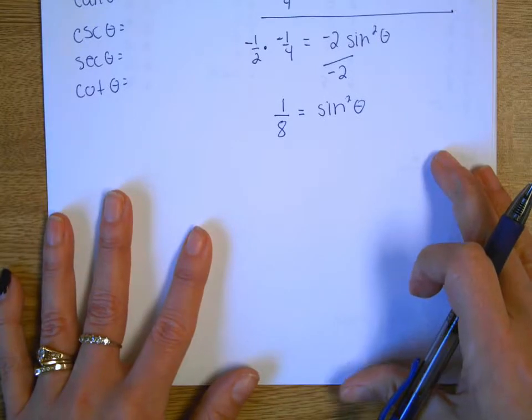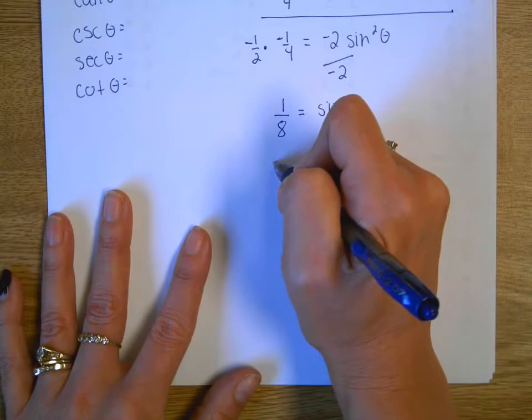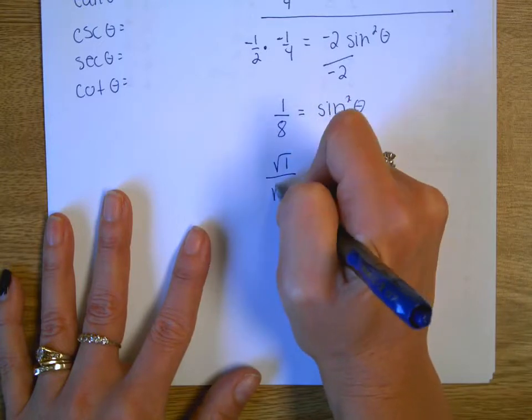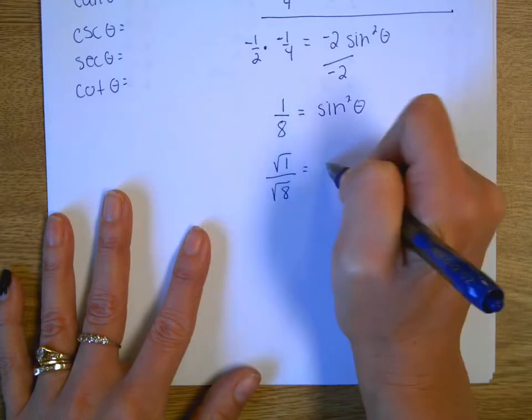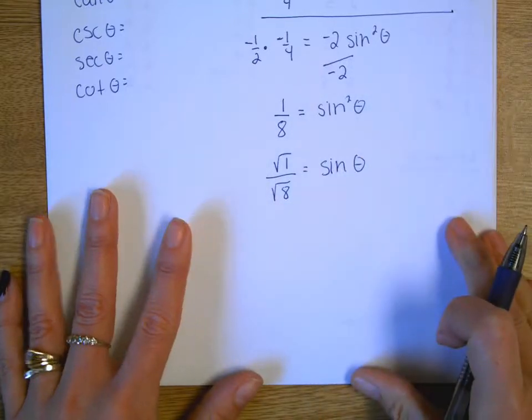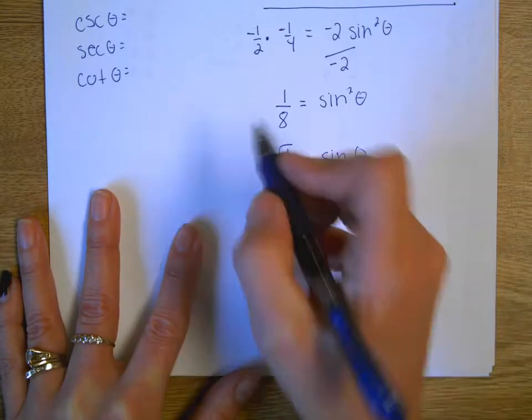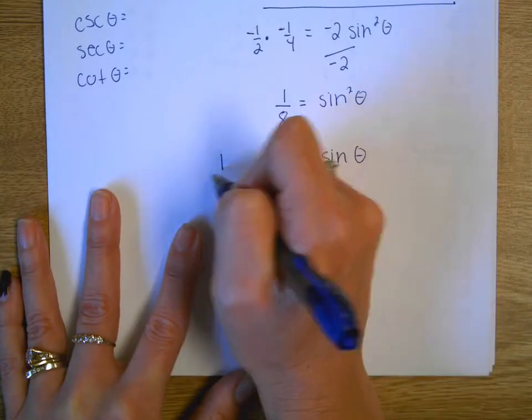Square root. Top and bottom separate. So if I take the square root of 1 and the square root of 8, I will have sine. Okay, what is the square root of 1? 1.